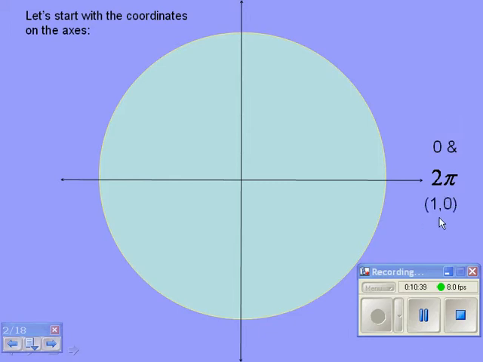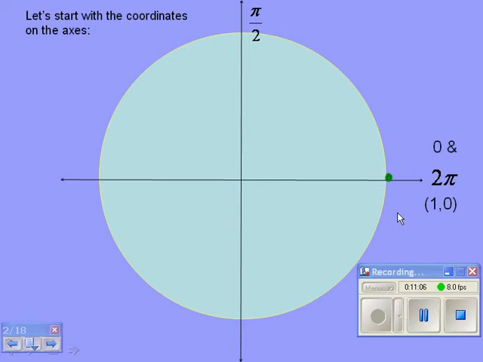So over here, if I start at the origin and I move to the right 1 unit, this point that shows up right here on the edge of my circle corresponds to the ordered pair 1, 0. Everybody got that written? Up at pi over 2, Dalton says it would be 0, 1.